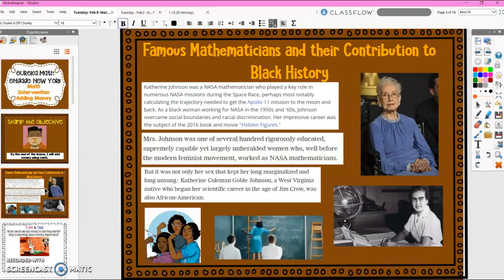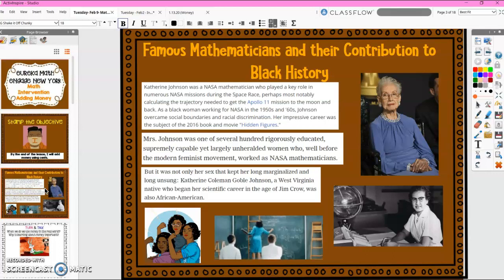Katherine Johnson was a NASA mathematician who played a key role in numerous NASA missions during the space race, perhaps most notably calculating the trajectory needed to get the Apollo 11 mission to the moon and back. As a Black woman working for NASA in the 1950s and 60s, Katherine Johnson overcame social boundaries and racial discrimination. Her impressive career was the subject of the 2016 book and movie Hidden Figures.